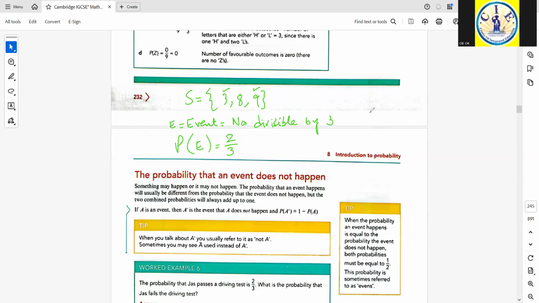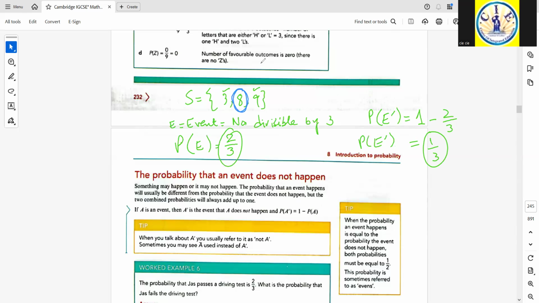So if I need to calculate probability of not E, I would subtract 1 minus this probability of E. So that is going to be 1 by 3. Probability of the numbers which are not divisible by 3, that is 1 by 3. And we can see very clearly that there is only one number which is not divisible by 3.